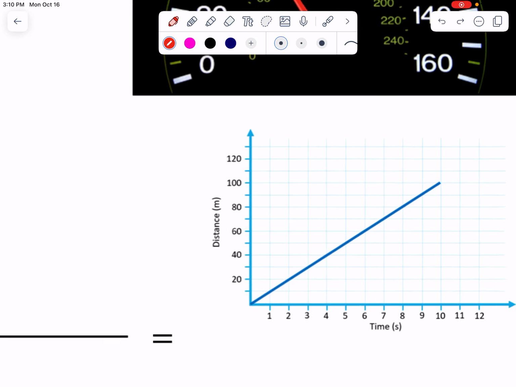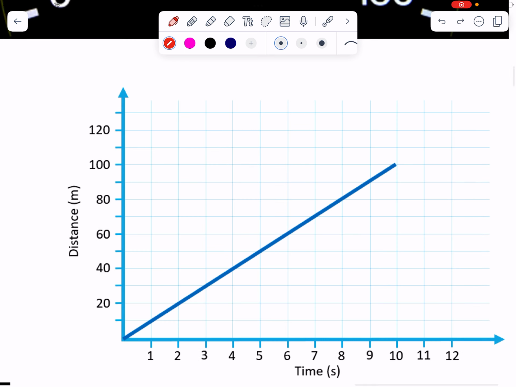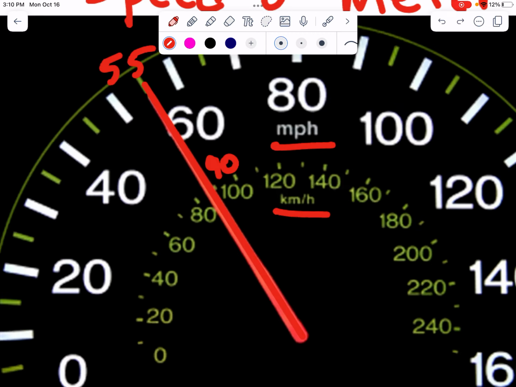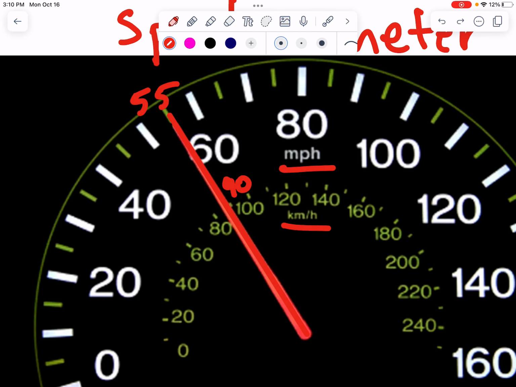Now, when we're talking about finding the speed of an object, we know that our units for speed are going to be our distance, in this case miles and kilometers, divided by time. In this case, both are measured against hours.